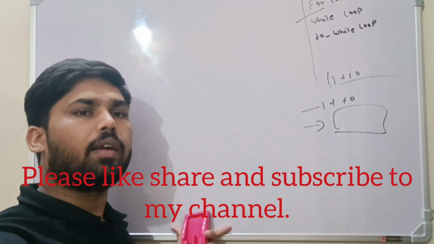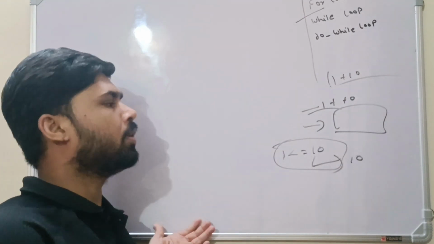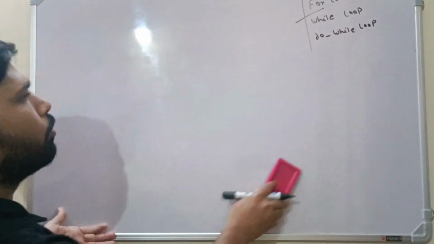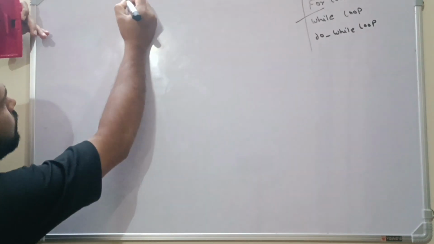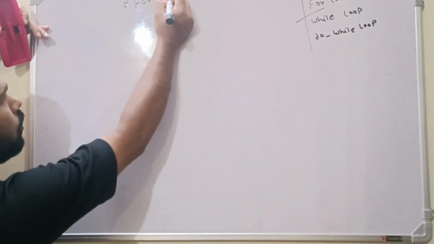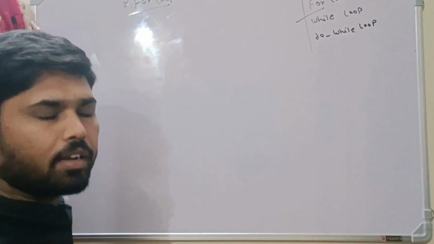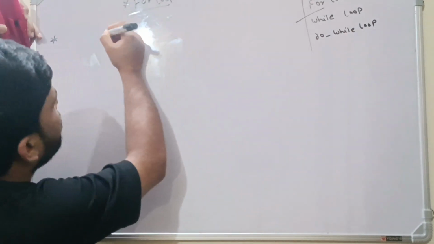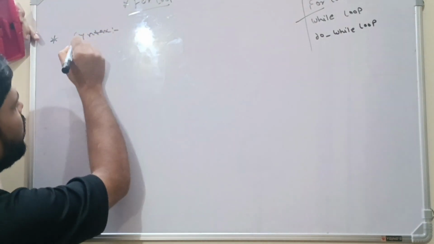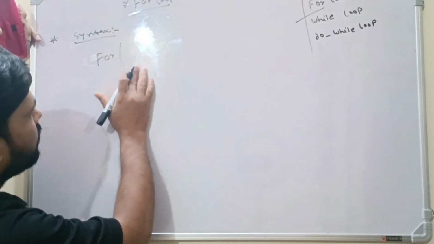So we will see with the help of an example how it works by using for loop. First of all, we will see the general syntax of for loop. What is the syntax of for loop?